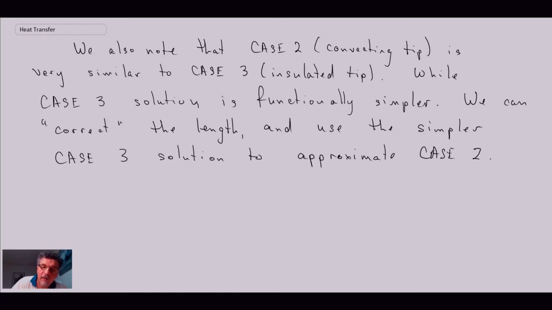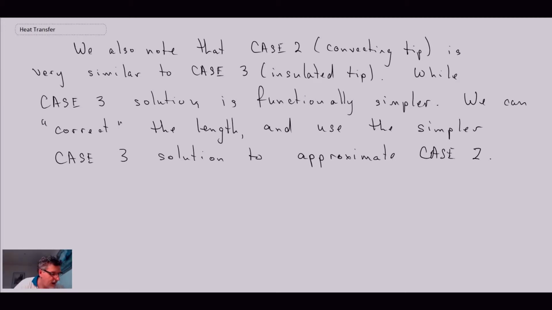Case 2 is a more accurate solution because it's modeling convection from the tip, but we're going to correct for the length and use the simpler case 3 solution in order to approximate a case 2 solution.